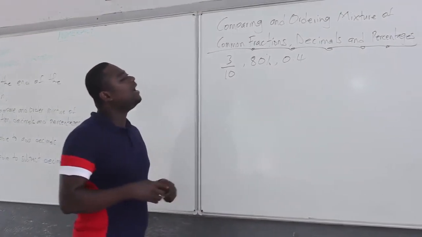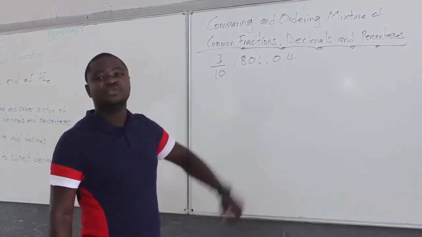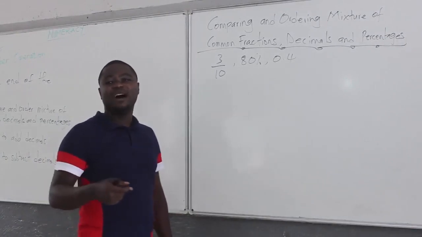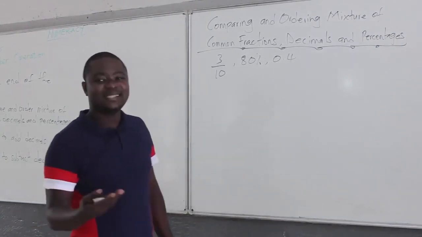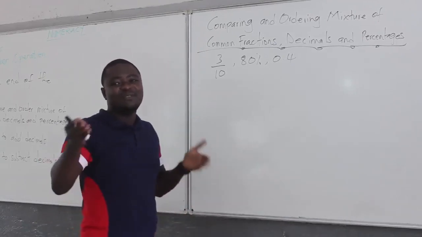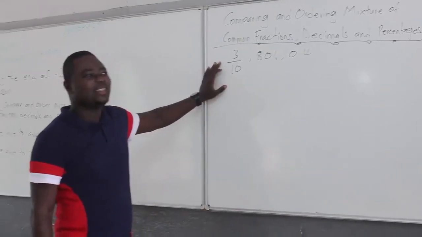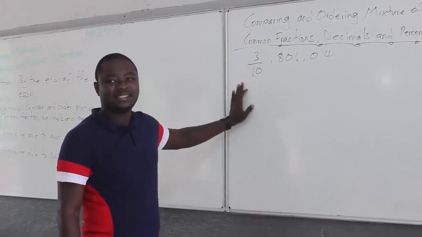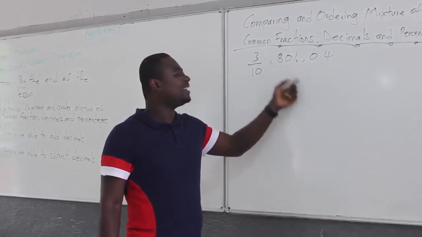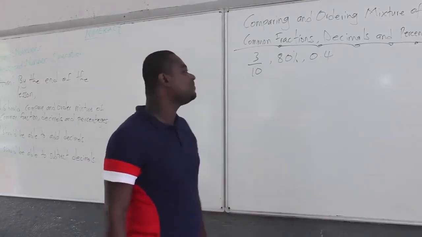But for the emphasis of what we are doing now, we are going to change them into a common fraction. So if you have a percentage or a decimal, you have to change them into a fraction before you can compare them. Now 3/10 is already a fraction. So what we do is change the percentage into a fraction and change the decimal also into a fraction.